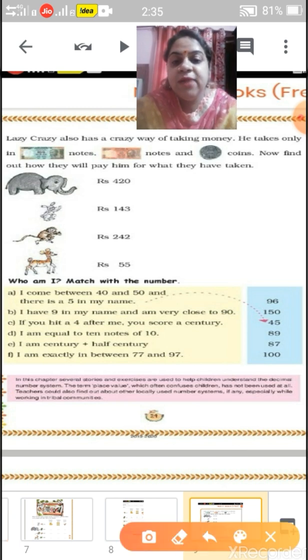Now you will tell for what they are paying, how. For example, if I am giving you for 120, they were giving a 100 rupee note, and 20 and the rest loose. So children, let's have a look here how they were giving us.